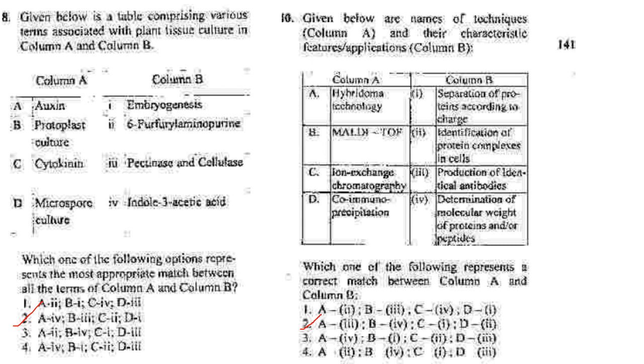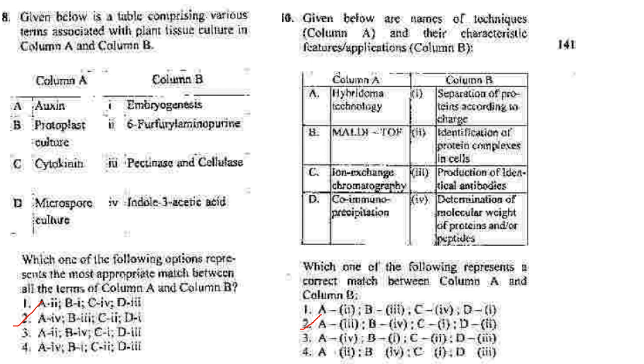So the answer here is option 2. Then next one. Given below are names of techniques, column A, and their characteristic features or applications, column B. Which one of the following represents a correct match between column A and column B? Hybridoma technology is for production of identical antibodies, A3.